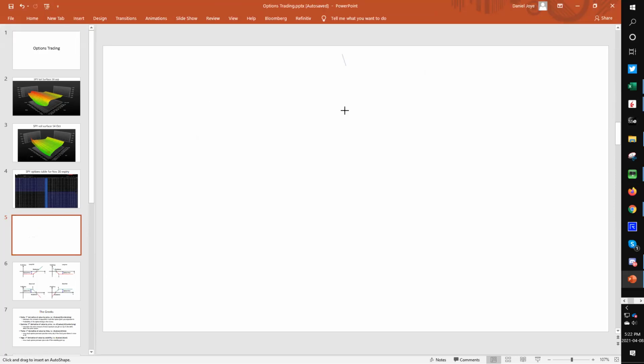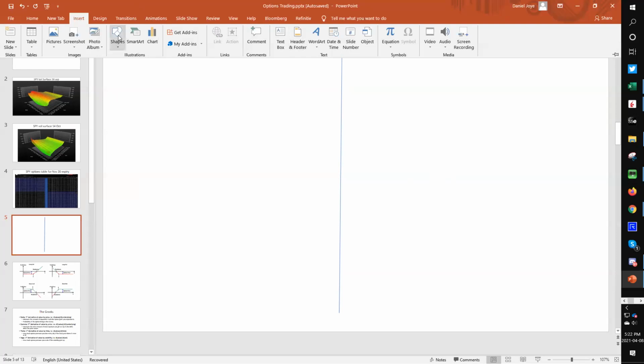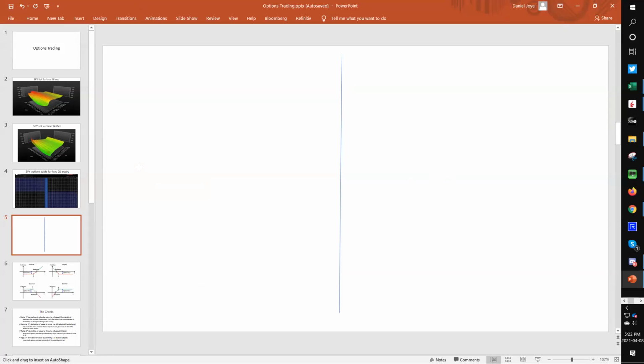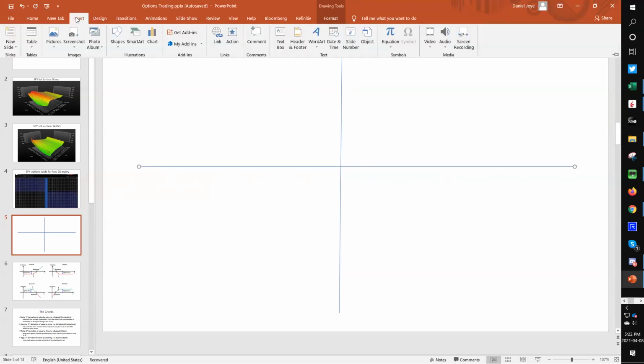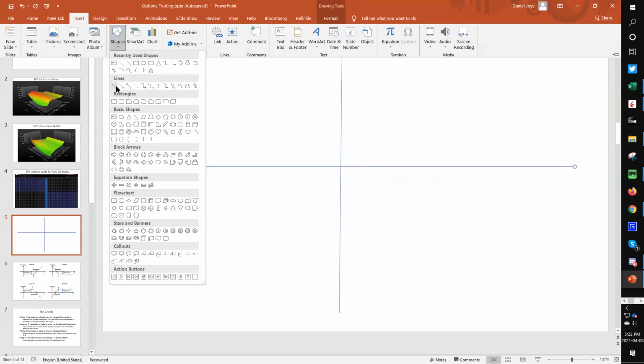So if I take a white piece of paper, I put two lines here, and I put another line there. Okay. And I call this long and short, and then call and put. What essentially you do is you do this.